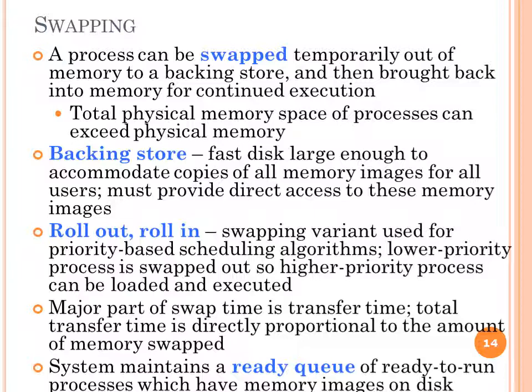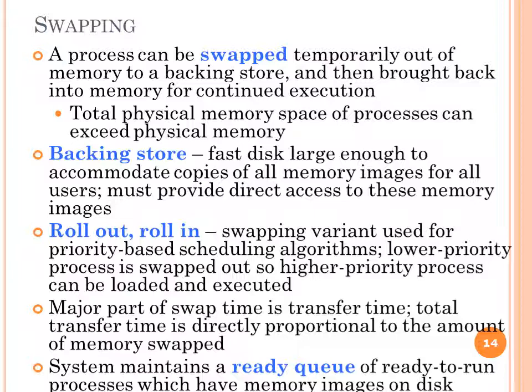For example, in a multi-programming environment with a round-robin CPU scheduling algorithm, when the quantum expires, the memory manager will swap out the process that just finished and swap another process into the memory space that has been freed.